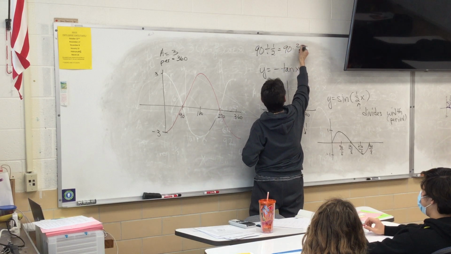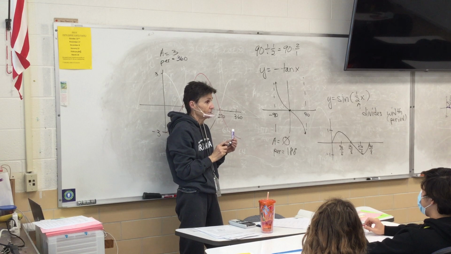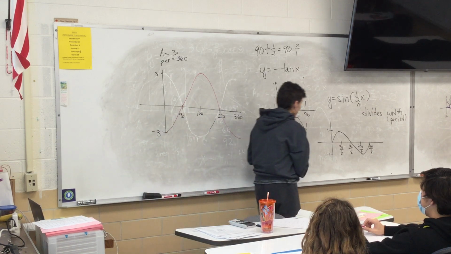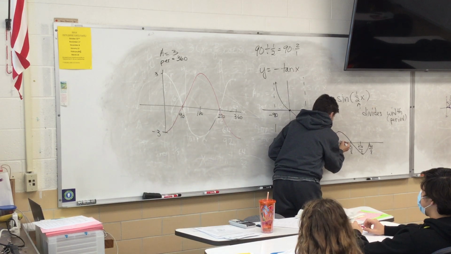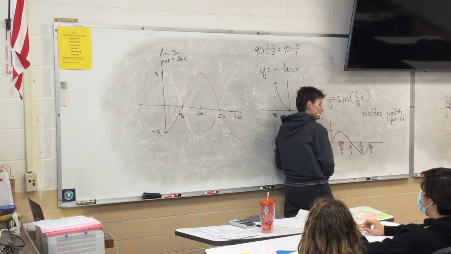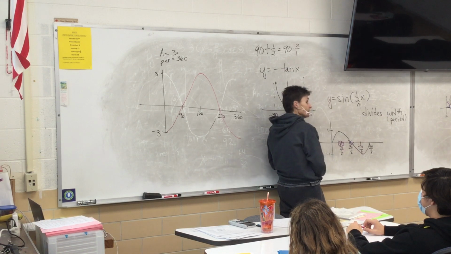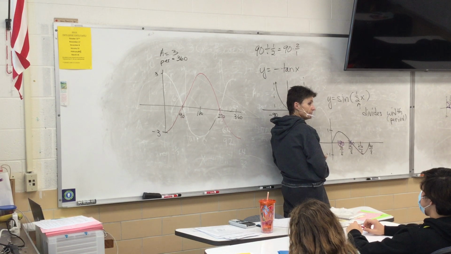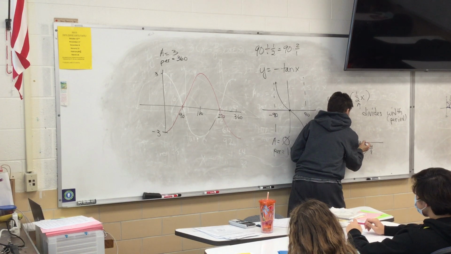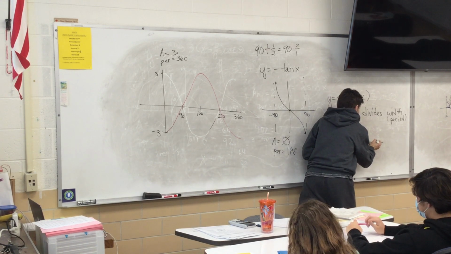is 90 times 2 over 1, isn't it? So that first label is 180. The second label would be 360, the next one would be 540, and the last one, 720.